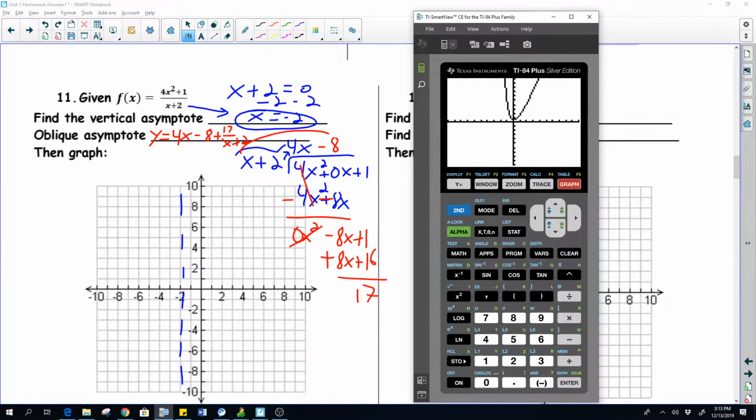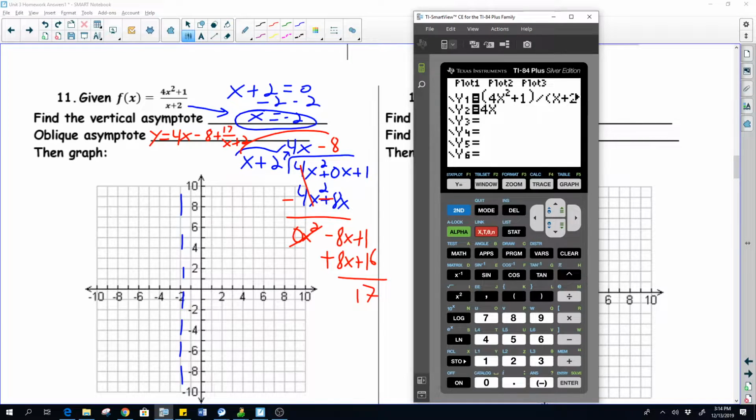So we're going to graph this. If we want to see that, let's see here. So we have a slanted one there. And so let's plug in the equation to see if our slanted asymptote fixes it or not. Goes right along it.